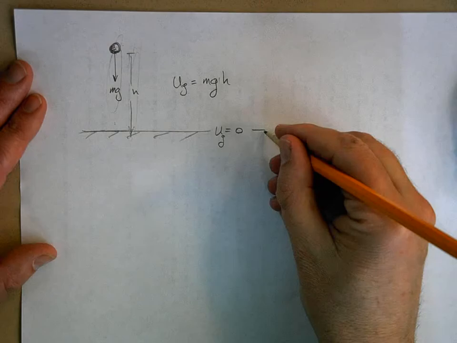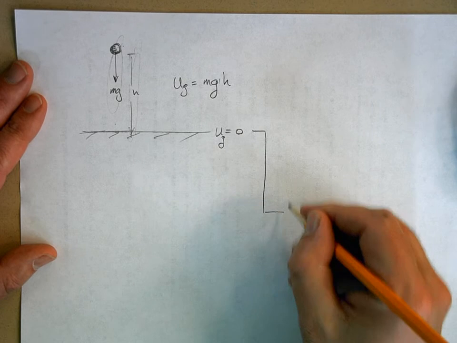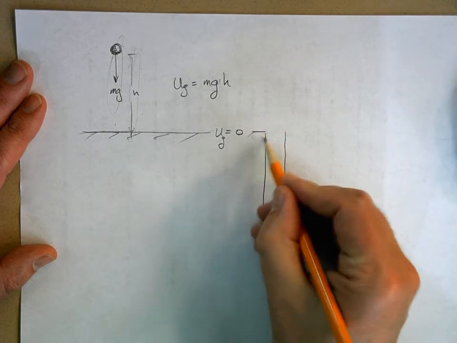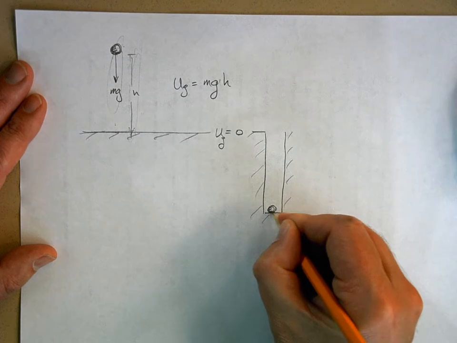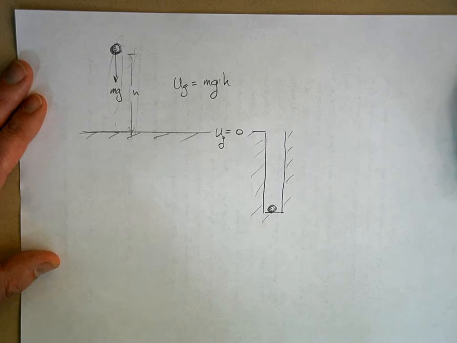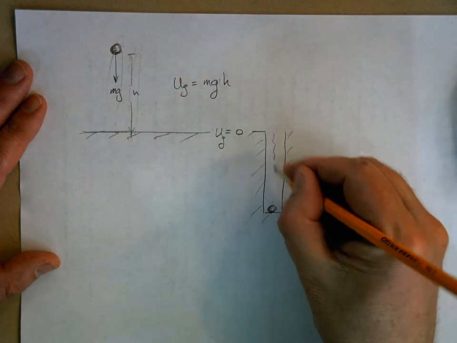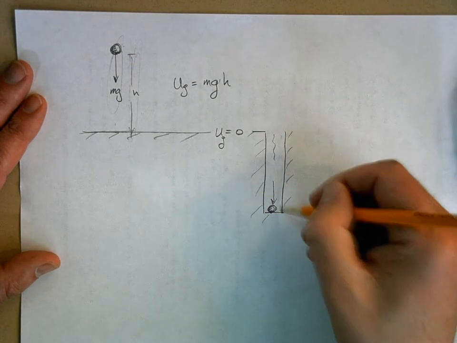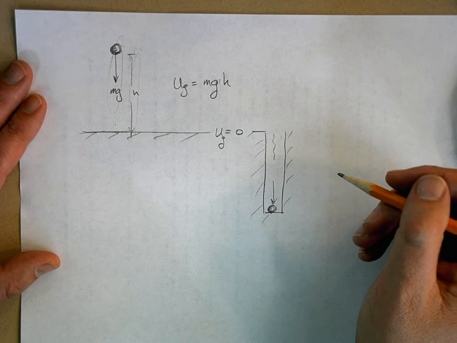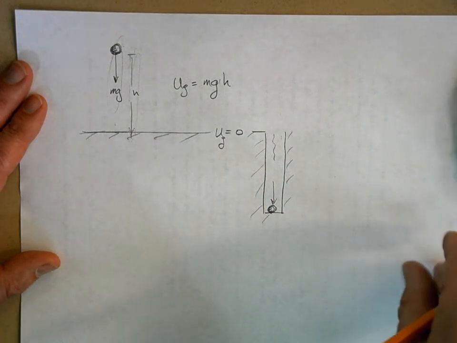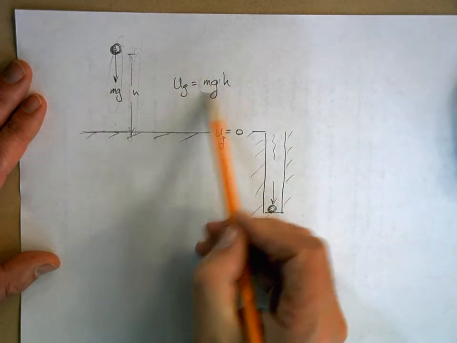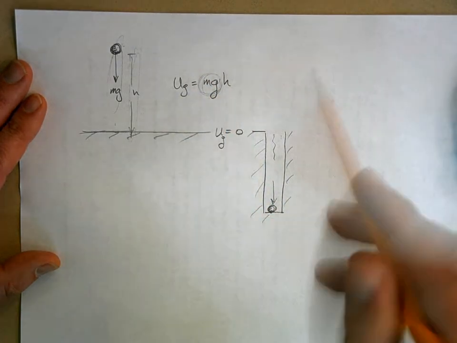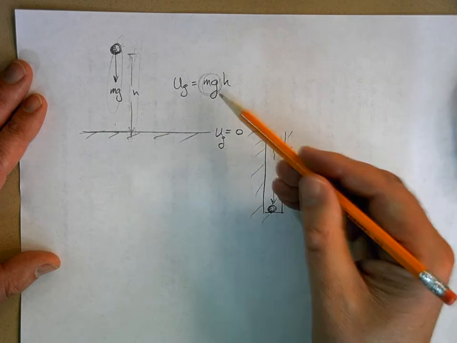Now, what if you're down here at the bottom of a well? What if my bowling ball's down here? Well, how much gravitational potential energy does it have? Well, notice here that my height is going to be a negative value. Unlike kinetic energy, one-half mv squared, where everything is positive, here my weight is good, but my height is negative.